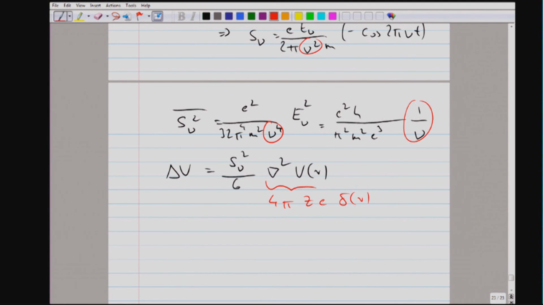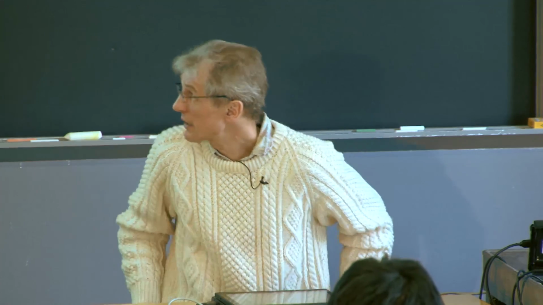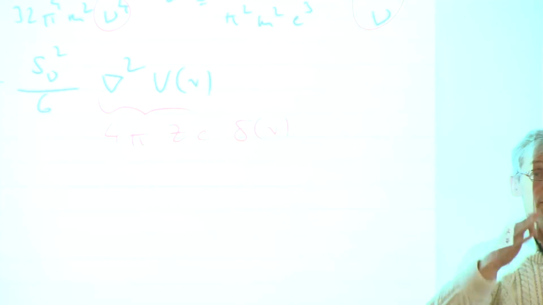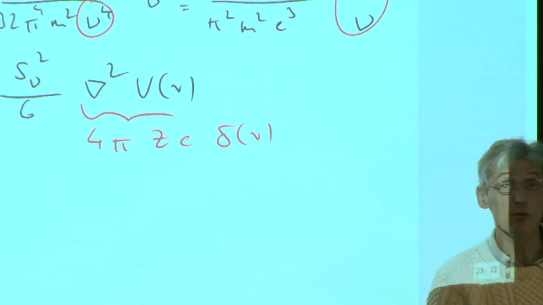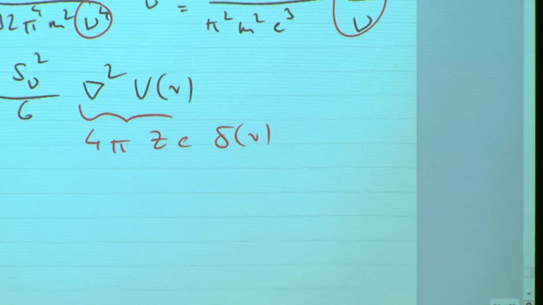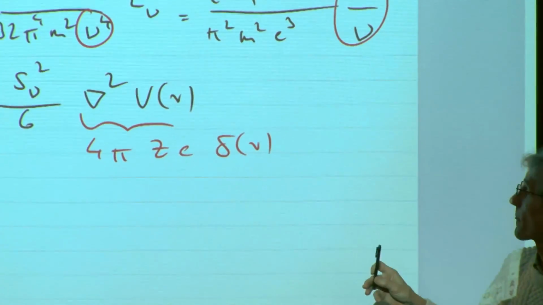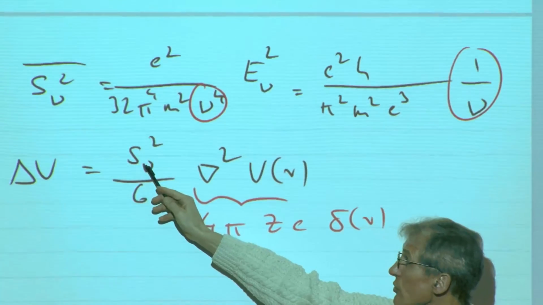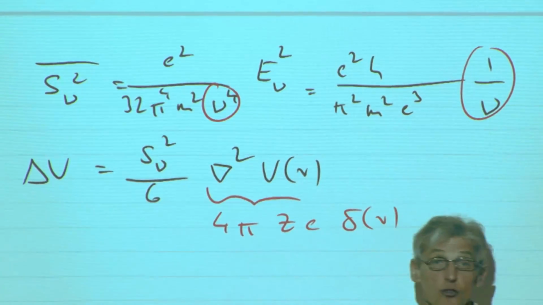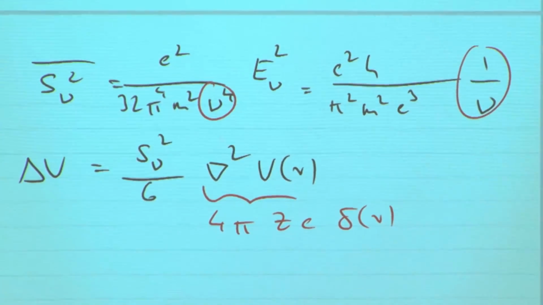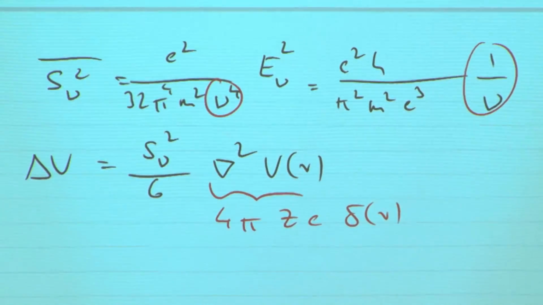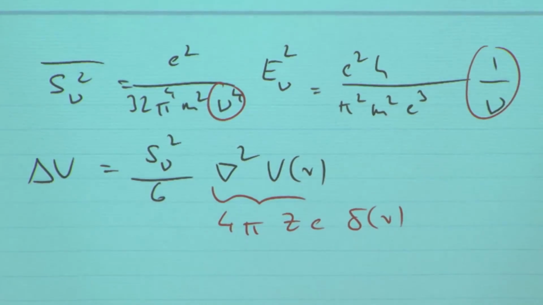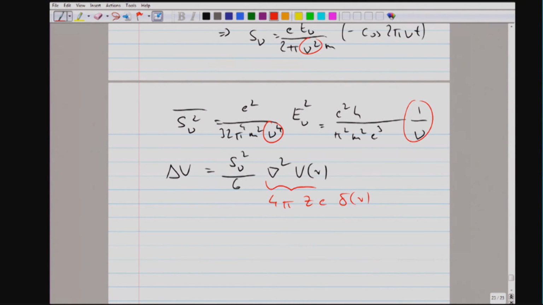So therefore, we have now executed what I discussed before. We calculated the displacement of the free electron driven by the vacuum fluctuations of the electric field. And this smearing out of the electron leads to a change of the average Coulomb potential. We average the Coulomb potential over the fast motion of the electron.